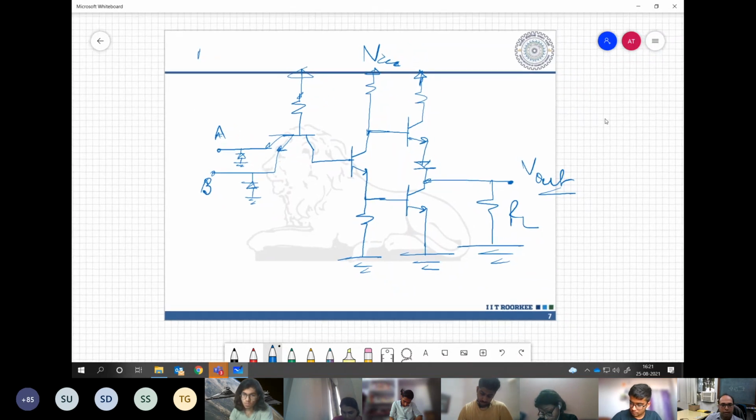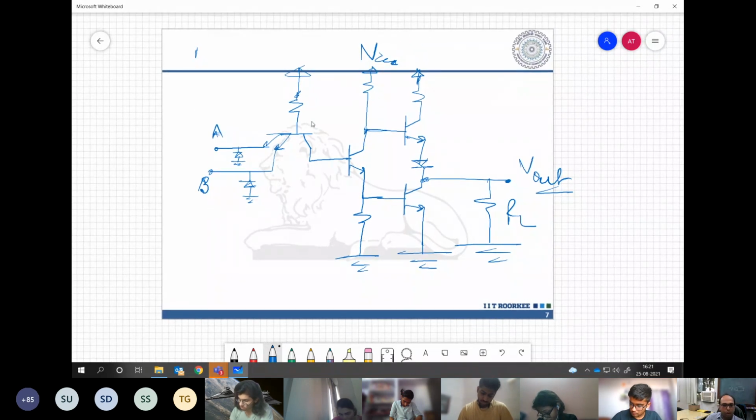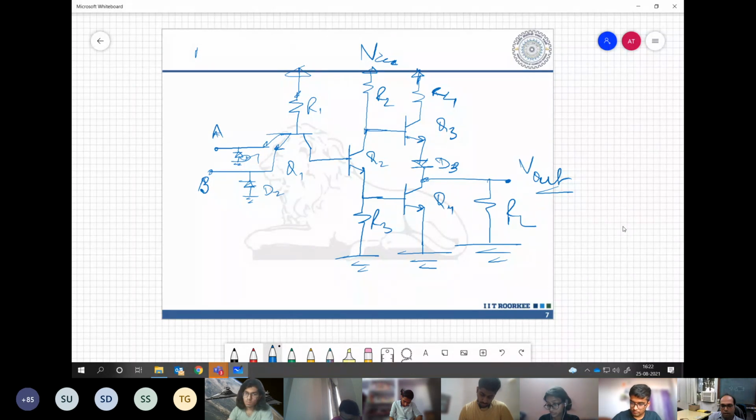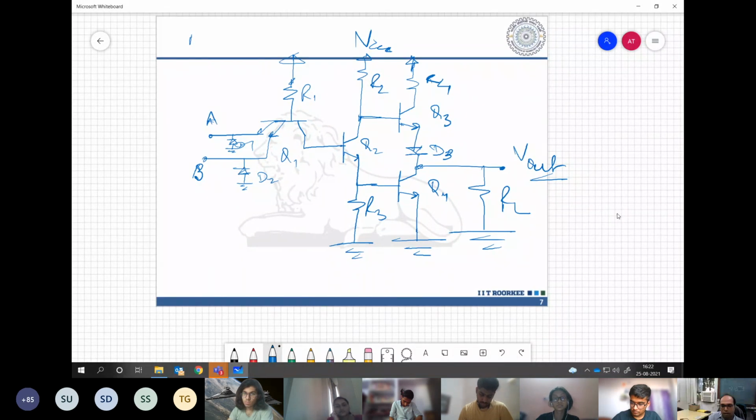So you can put the numbers as per the sequence. Maybe D1, D2, so this becomes D3, Q4. Fine, this is okay. Now what will happen with this circuit?